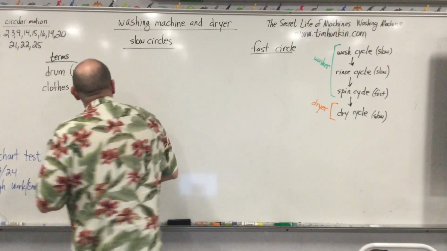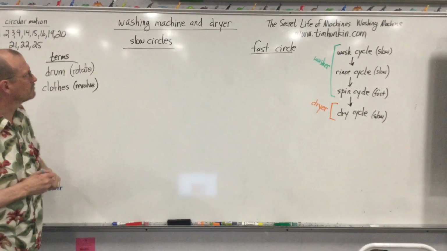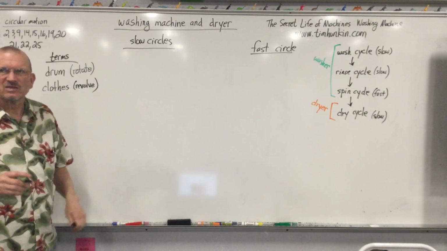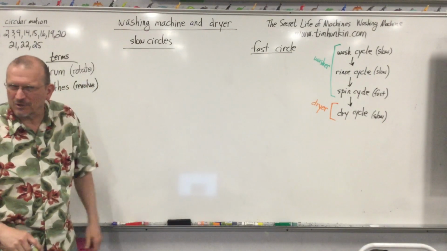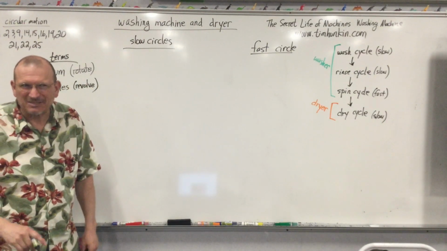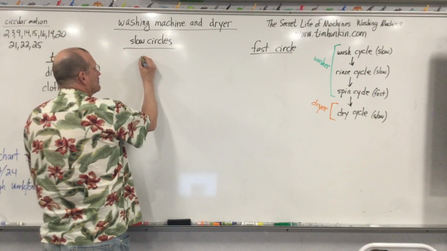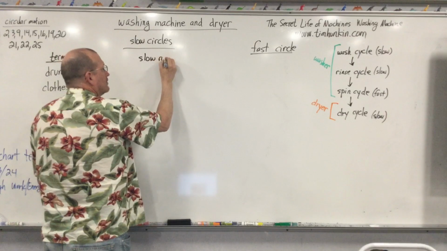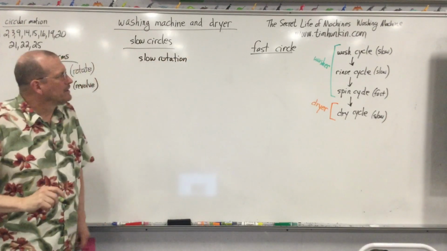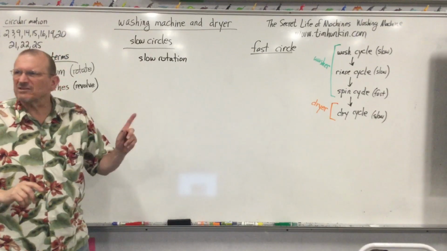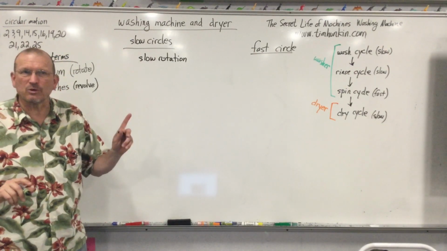Okay, so let's go talk about slow circles. Tell me about the rotation rate of the drum if we want a slow circle. It's kind of obvious. We want a slow rotation. If we have a slow rotation, remember your circular motion equations?